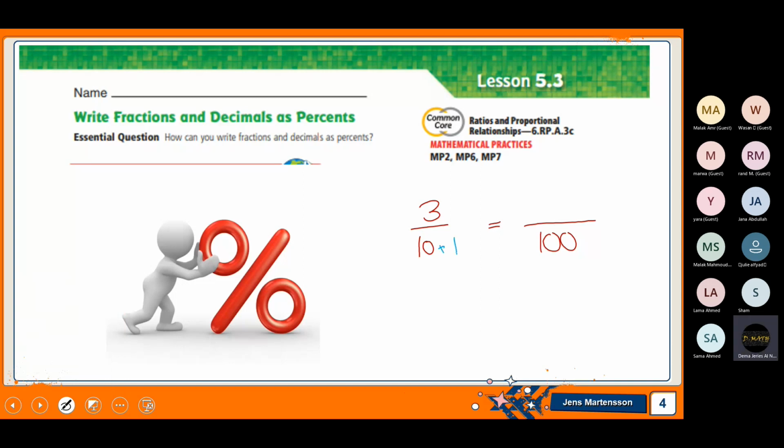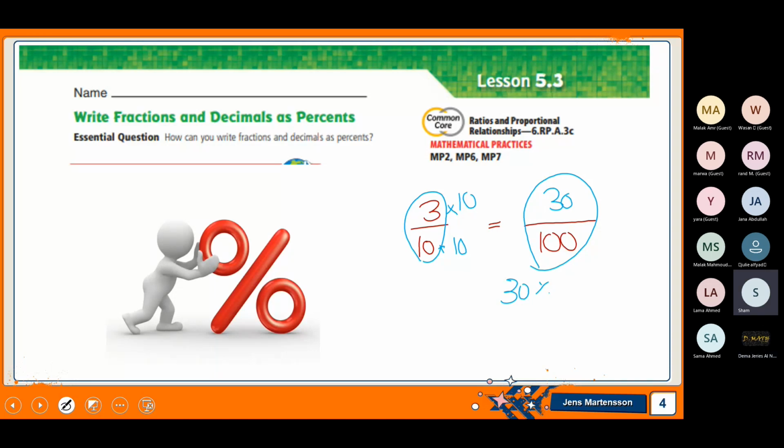When you think about it, you will find it's 10, because 10 times 10 is 100. And up here, times 10, you get 30. So 3 over 10 is equivalent to 30 over 100, which can be written as 30%.